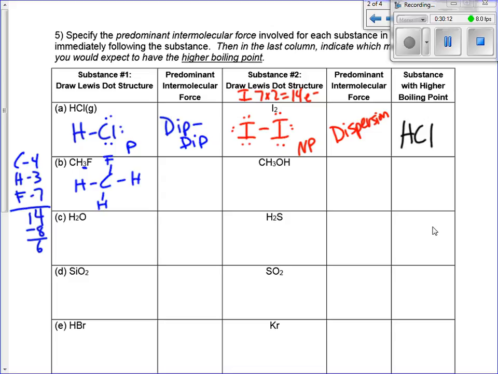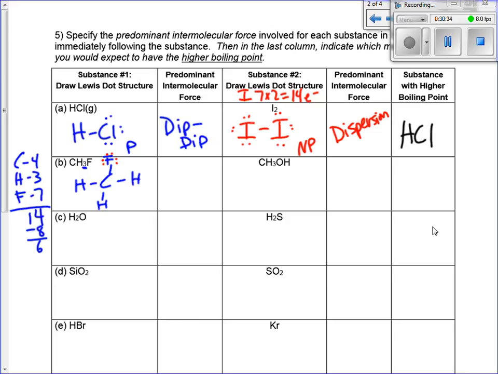Carbon? 2, 4, 6, 8 around carbon? Yes. Good. Who's not satisfied? Fluorine only has 2 here. So what do we do with the rest of those 6? Put them around your fluorine, right? That's how we would draw that particular structure.